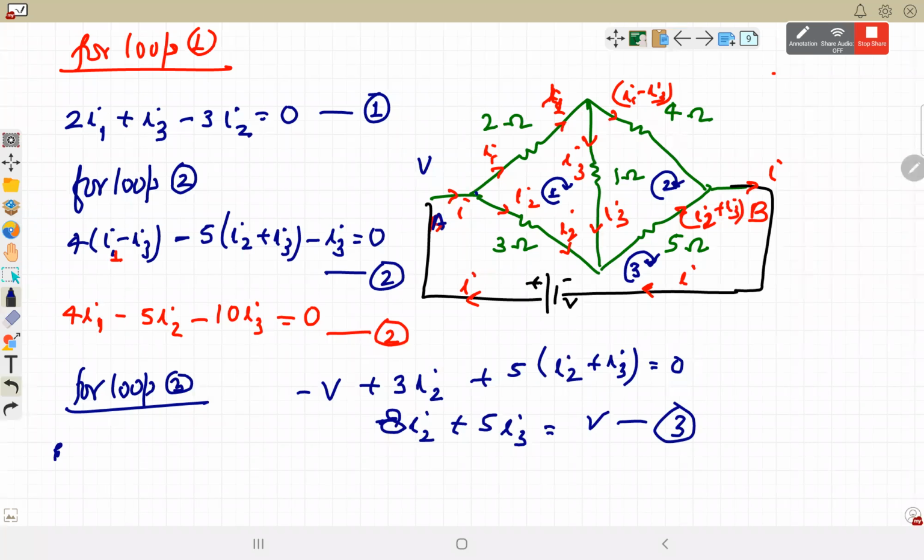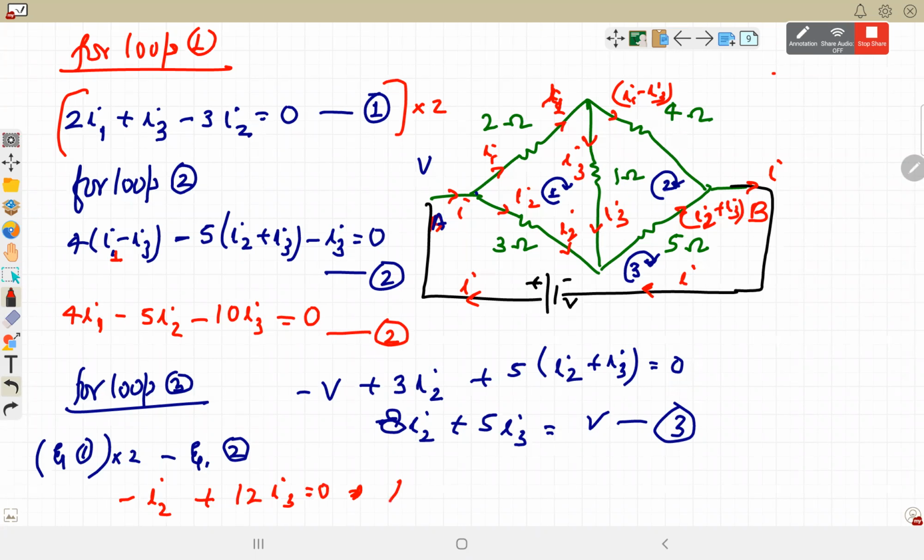If we subtract equation number 1 multiplied by 2 minus equation 2 multiplied by 2, then 4I1 is gone, -6 और ये आ जाएगा +5, so that becomes -I2 and 2I3 plus 10, so that becomes 12I3 is equal to 0. I3 is equal to I2 by 12.